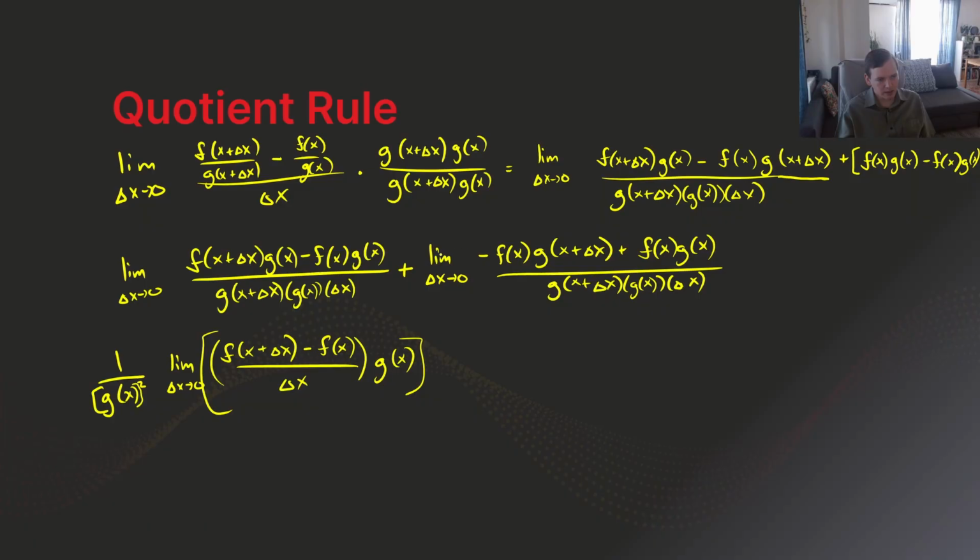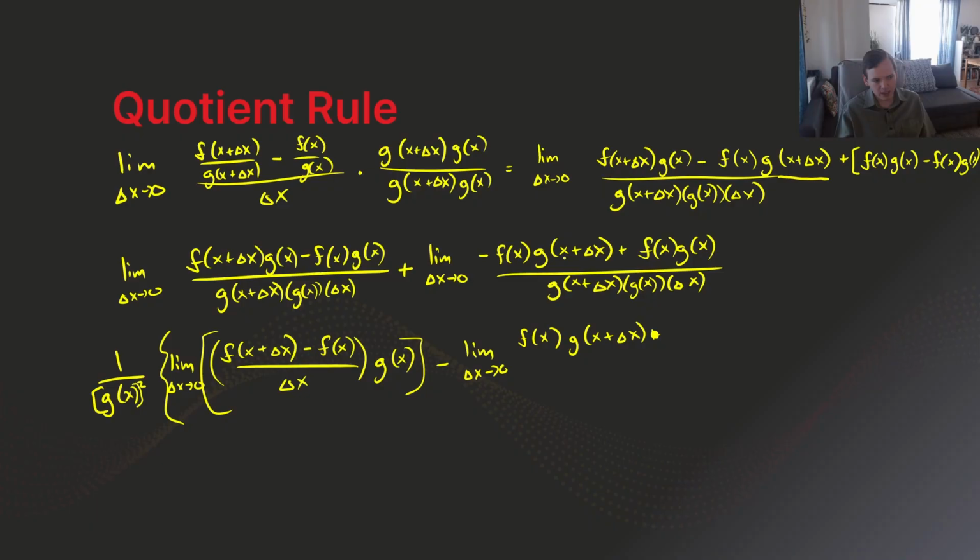Now I don't like this negative here for reasons that maybe are apparent, but will be apparent in a second if they're not. So I'm going to factor out a negative, which means I need to factor out -1 from the whole numerator. So that's going to give me negative limit as delta x approaches 0. Now because I factored out the g of x already in the front here, that's going to give me f of x times g of x plus delta x.